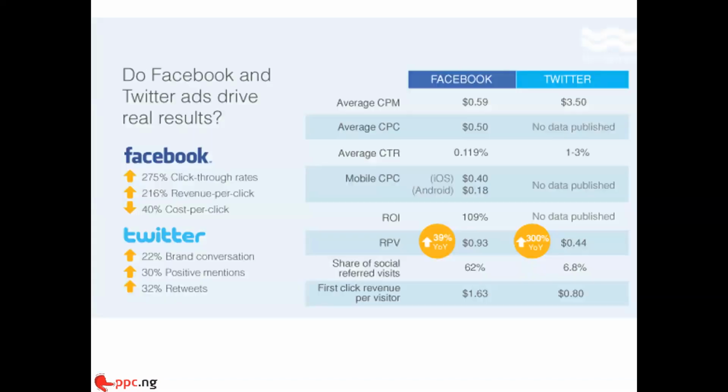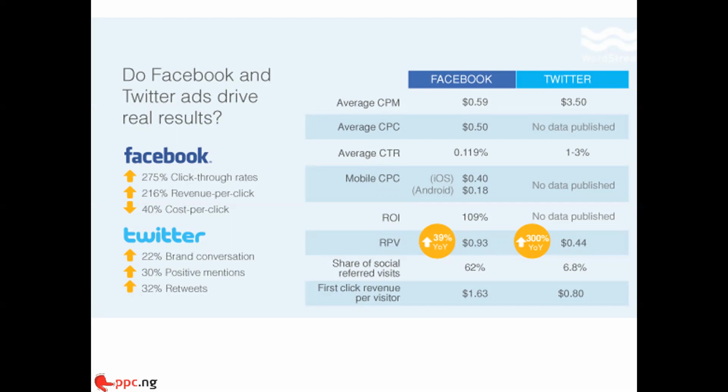Okay. So the Facebook and Twitter ads, they drive results, right? So we can see some of the statistics. On average, you can see Facebook cost per impression is at 59 cents, and Twitter is at 3.50 dollars. That's the average cost per impression. The CPC for Facebook is at 50 cents. Twitter is not published.